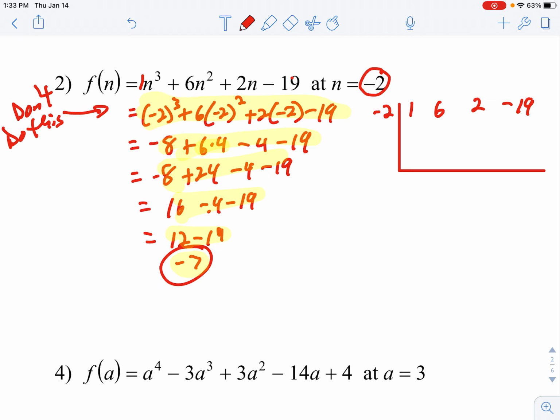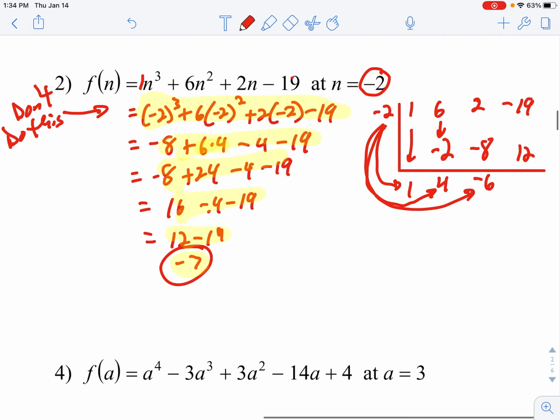And then the process, once again, you bring the first number down, multiply those. Negative 2 times 1 is negative 2, put it here. Add those together. 6 plus negative 2 is 4. Multiply those, that's negative 8. Add 2 plus negative 8 is negative 6. Multiply those together. Negative 2 times negative 6 is 12. Negative 19 plus 12 is negative 7.